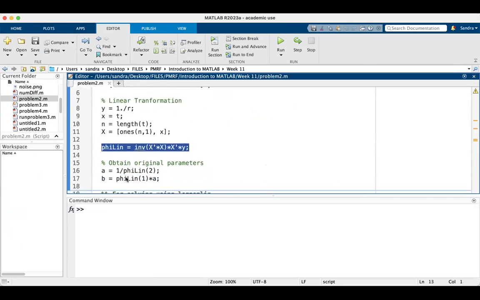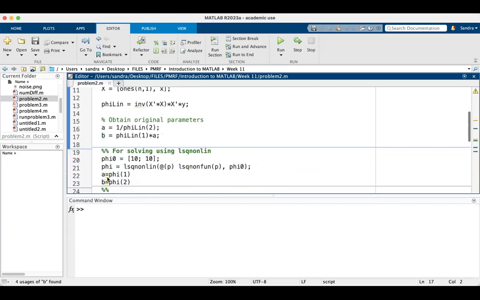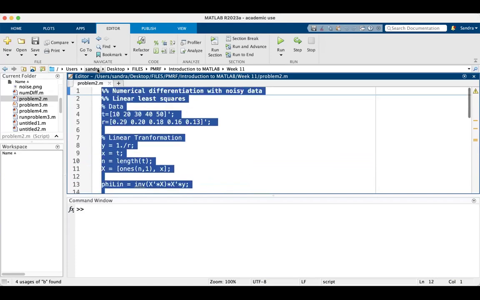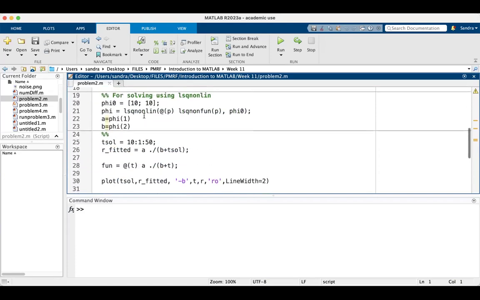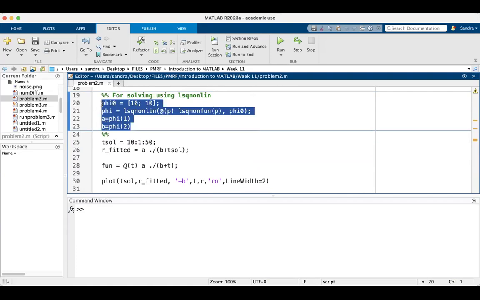Remember, I also have to extract the actual A and B from the phi values. So this is 1 divided by phi 2, and phi 1 has to be multiplied by A to get my B. These things we have already done in previous weeks. If you're using lsqnonlin, this is what I have to do.